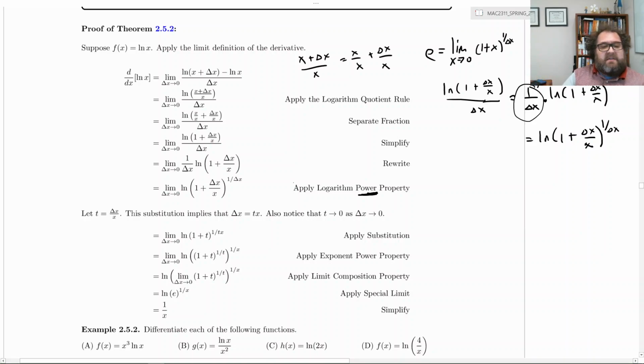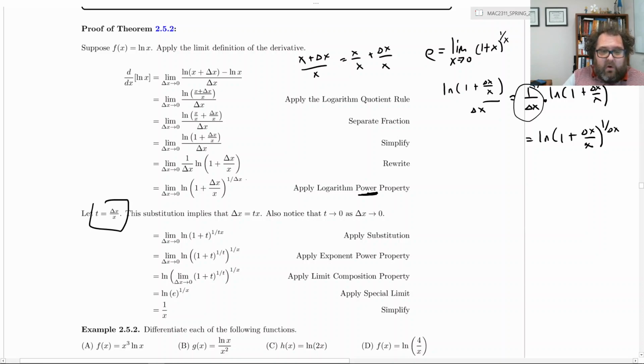So instead of taking the limit as delta x goes to 0, I'm going to let t equal delta x over x. Now, why am I even doing this? Again, I'm trying to get a limit. Why did I put a delta x there? I'm trying to get this form: 1 plus something raised to the 1 over that something power.